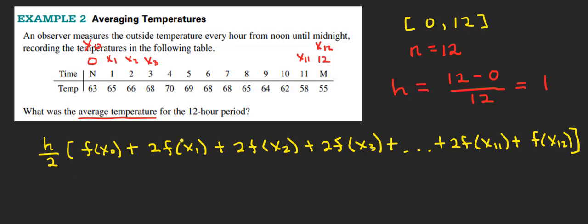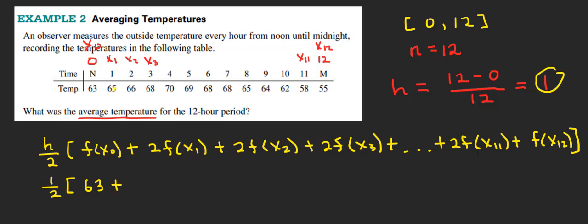So we know that h is 1. It's going to be 1 over 2 times the quantity: what is f of x of 0? Well, that is 63. Plus, what is f of x of 1?